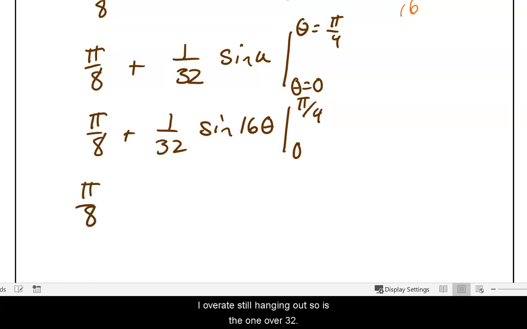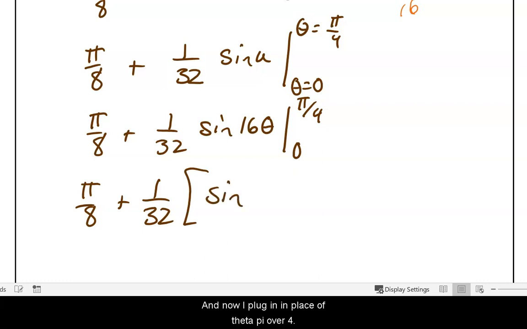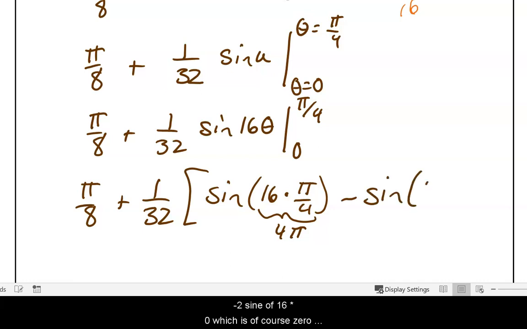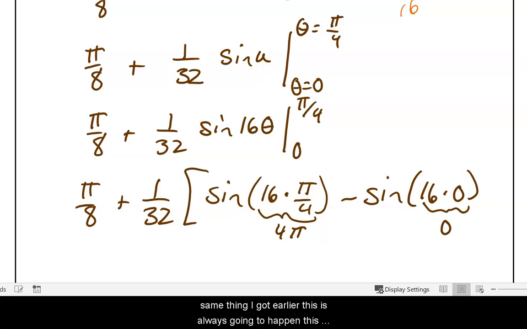Pi over 8 still hanging out, so is the 1 over 32, and now I plug in place of theta, pi over 4. This gives me 16 times pi over 4, which leads to 4 pi. Same thing I got earlier, minus the sine of 16 times 0, which is, of course, 0.